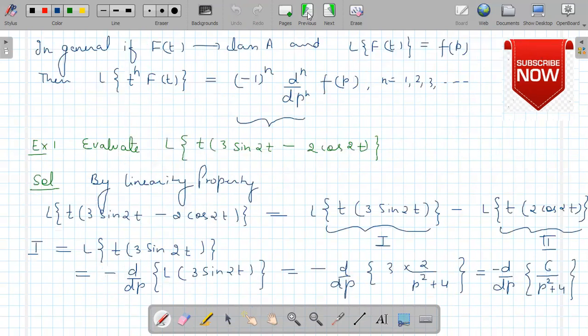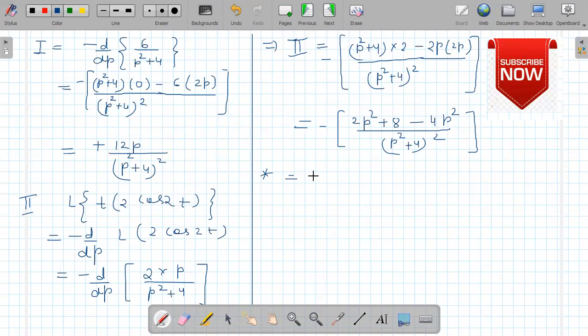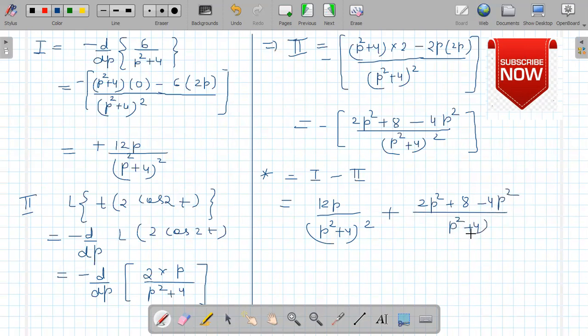So you can mark this as star, this expression, which is 1 minus 2. So star is equal to 1 minus 2, which is equal to 12p upon p square plus 4 whole square, minus, because of this negative sign we have plus here, 2p square plus 8 minus 4p square whole divided by p square plus 4 whole square.